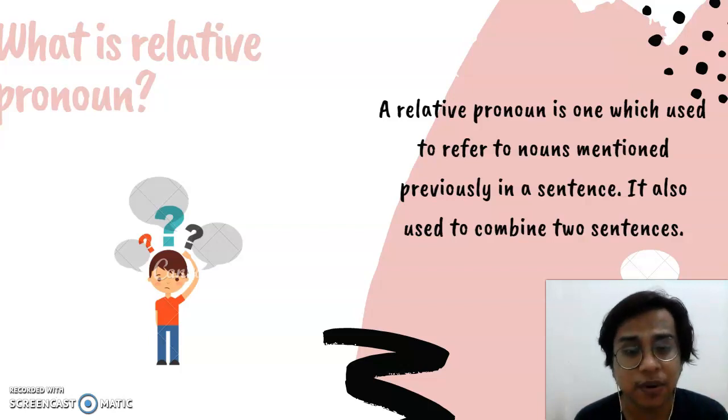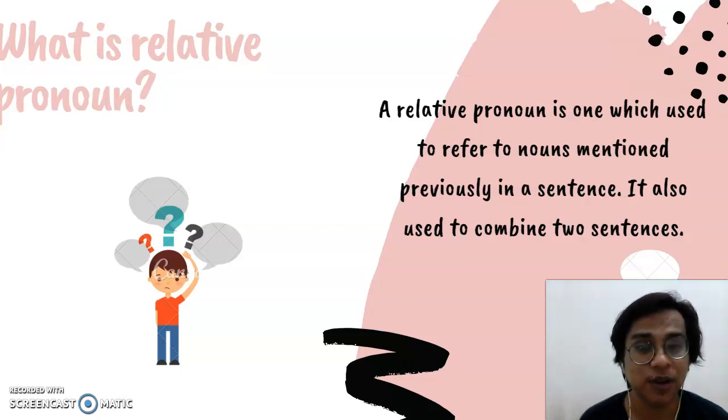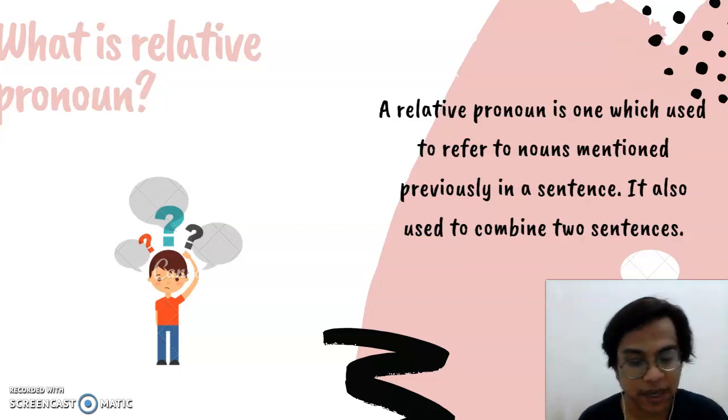So, noun and then the relative pronoun. Is it understood? Okay. And why do we use the relative pronoun? We use the relative pronoun to make it clear which person or things we are talking about.